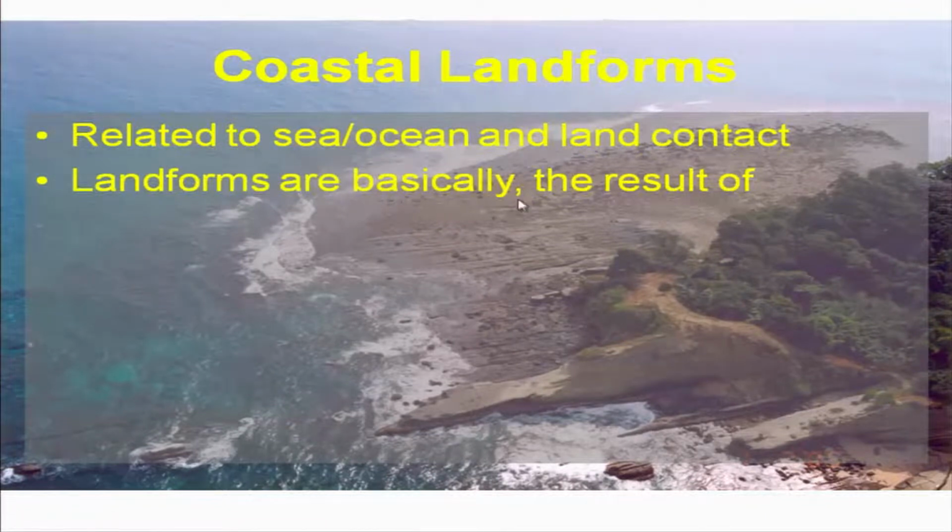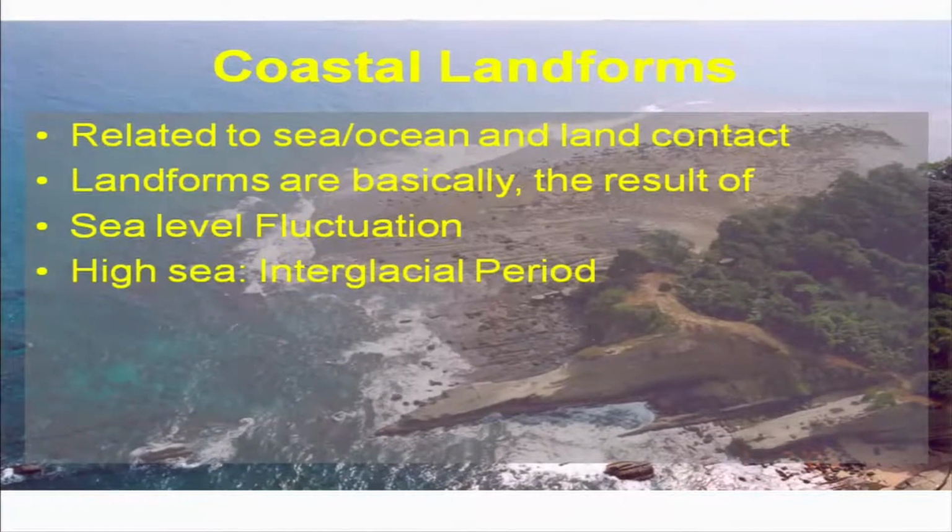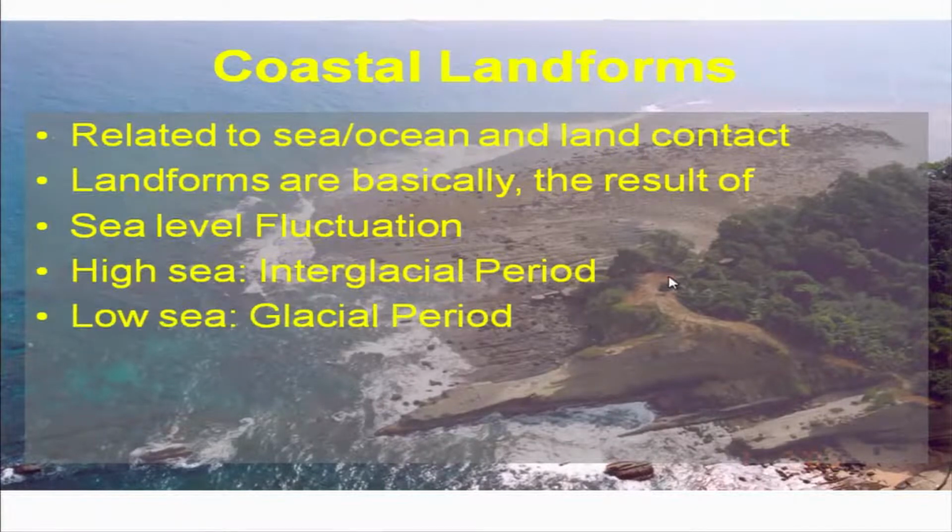Landforms are basically the result of, one, sea level fluctuation. High sea level, we can correlate this with interglacials. So when we are experiencing the warmer climate, sea level will rise because of the excess melting of the snow or glaciers. And then low sea level is the glacial period, when more and more water is being stored as ice or snow.